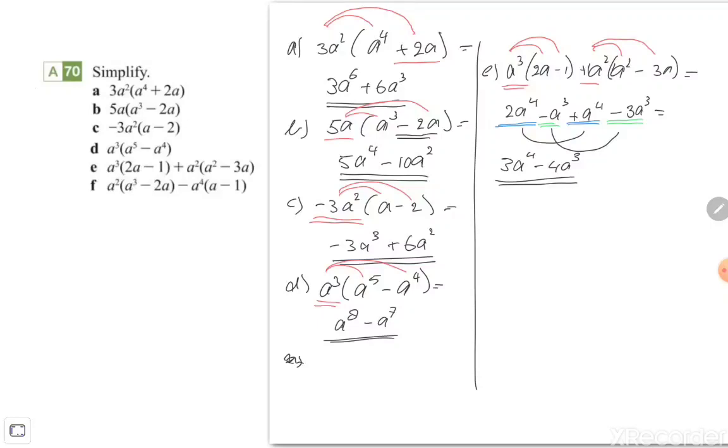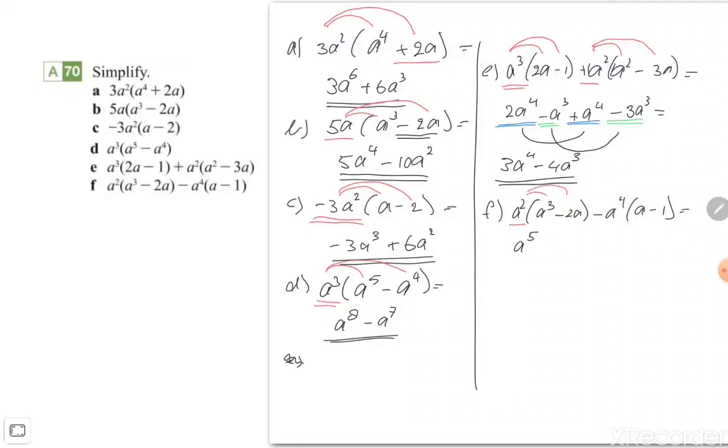And then the last one, exercise F. A squared times a to the power of 3 minus 2a, minus a to the power 4 multiplying with a minus 1. So a squared times a to the power 3 is a to the power 5.